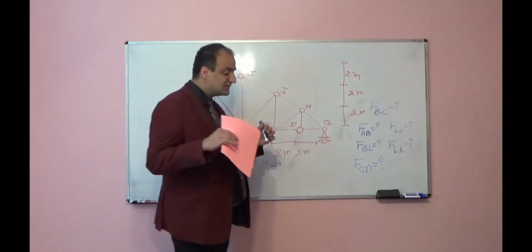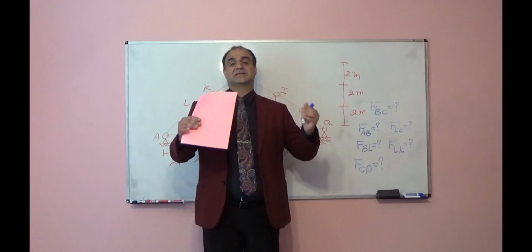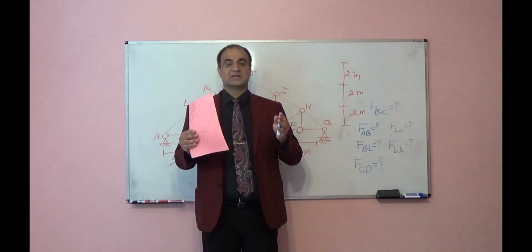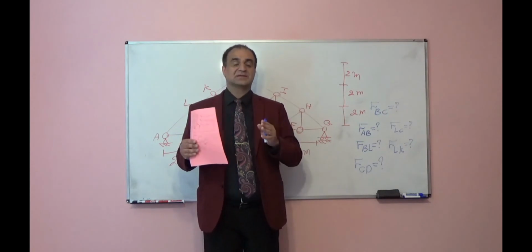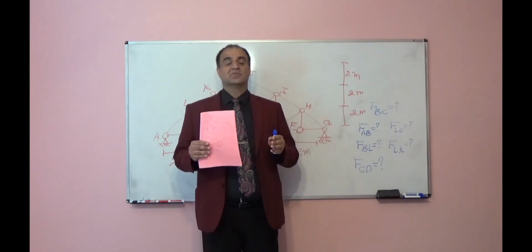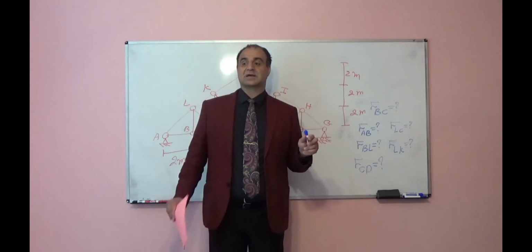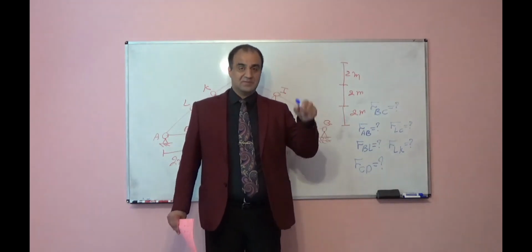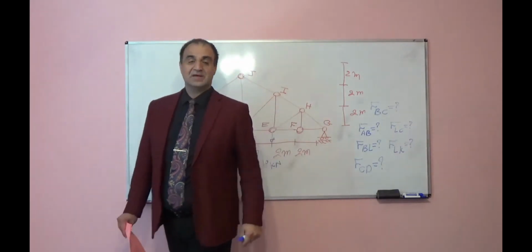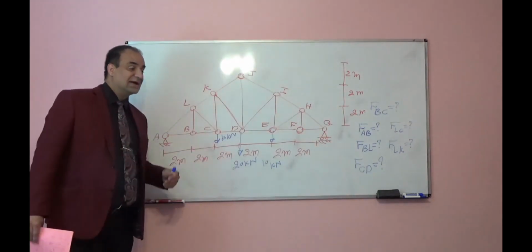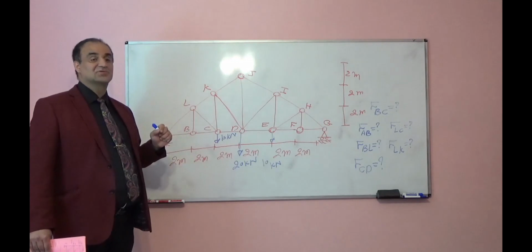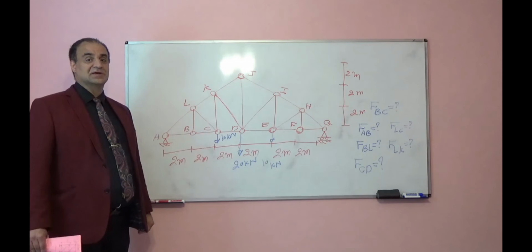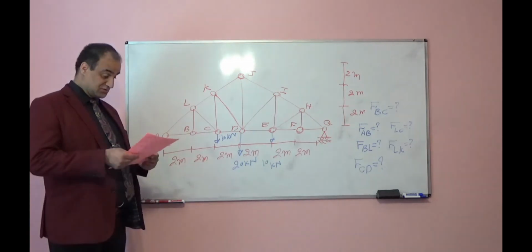Unstable means it will deform. Visualize that deformation. See, for example, top side, how it moves. It is rotating, it is moving from left to right, it is moving from up to down or something like that. Then cut through that member and that joint the way I explained, and see if the member is subjected to tension or compression, and write equilibrium equation and find internal forces.